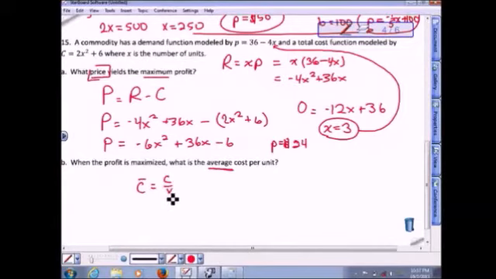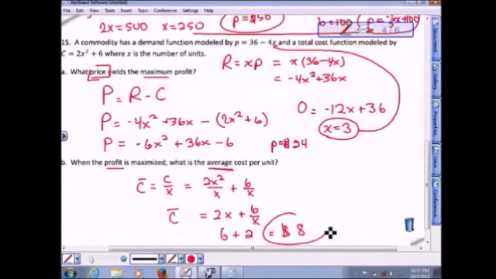So C bar is equal to C over X. This is equal to 2X squared over X plus 6 over X, which is 2X plus 6 over X. Now we know when the profit is maximized, they're selling 3 units, so the average cost of 3 units is 2 times 3, which is 6, plus 6 over 3, which is 2. That's $8.